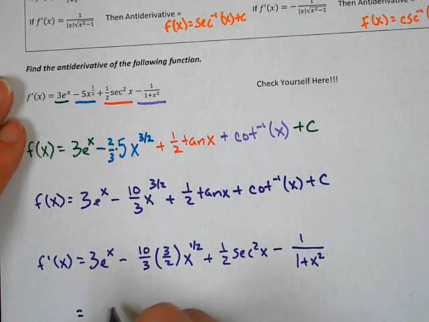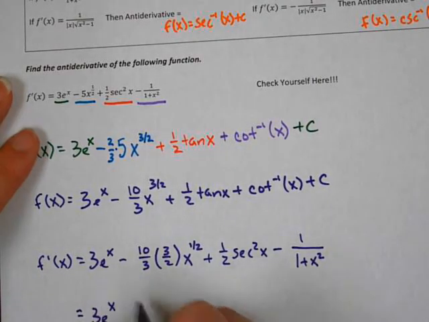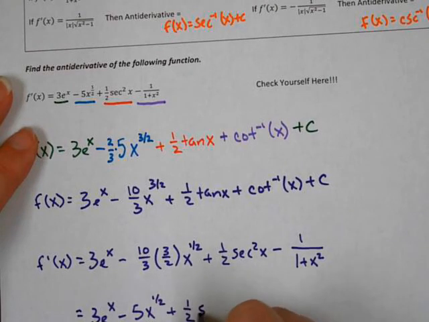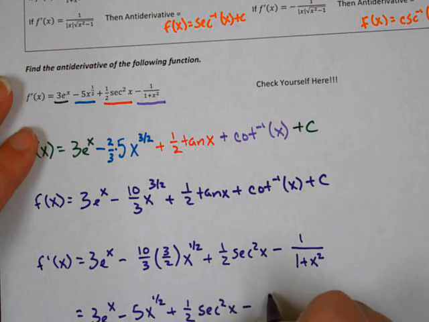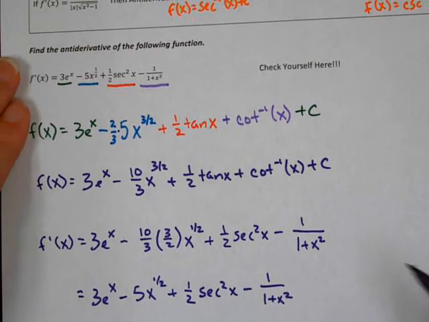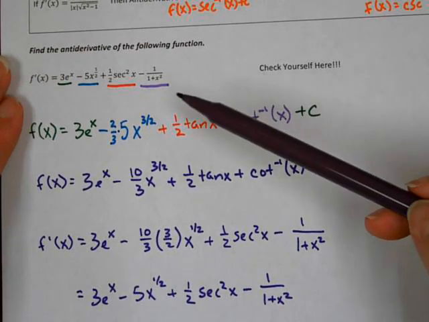And then I can just go ahead and simplify. So 3e to the x minus 5x to the 1/2 plus 1/2 secant squared x minus 1 over 1 plus x squared. All right, and we can see that that's exactly what we started with originally.